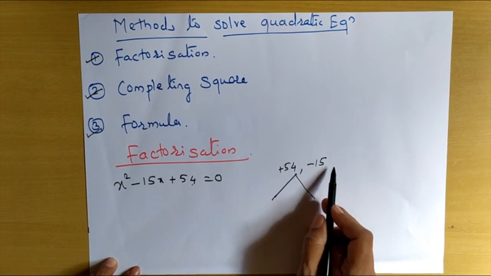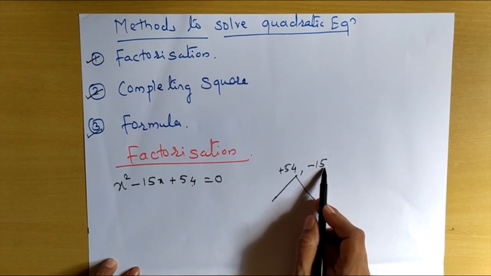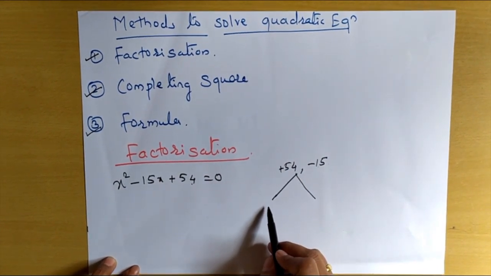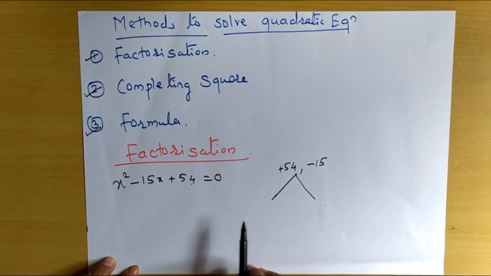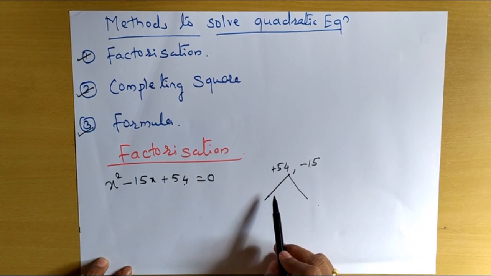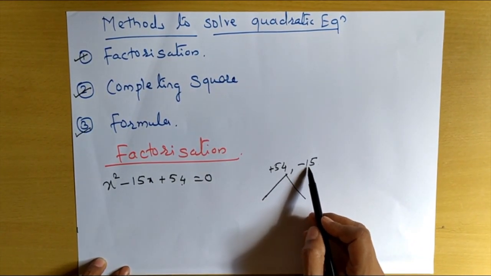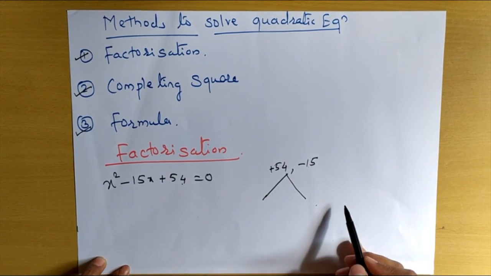Now here don't take x, just consider the coefficient. So let us search for two numbers whose product is plus 54. In this example, be careful with the signs, and their addition or subtraction should come out to be minus 15.